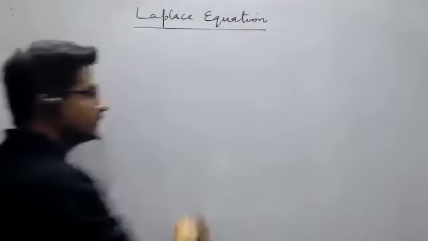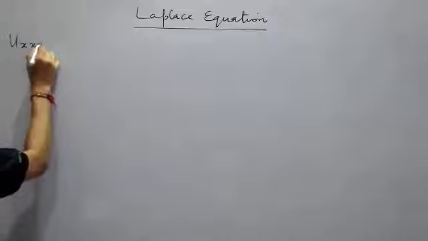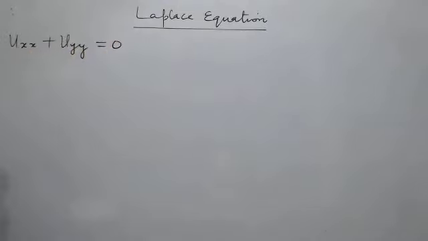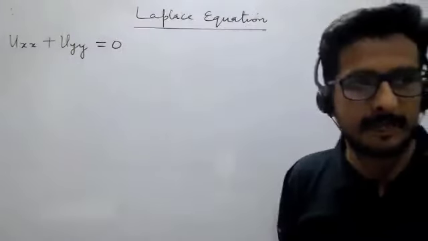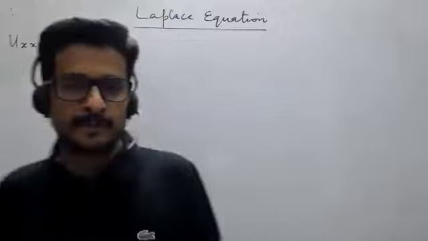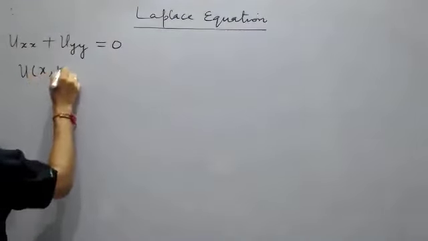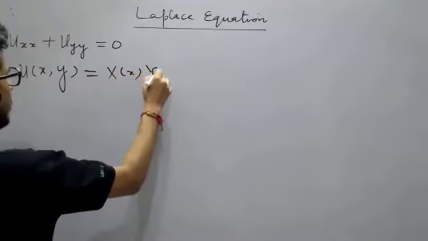The method will be exactly the same. So we will have u_xx plus u_yy is equal to 0. This is the Laplace equation, and u(x,y) will be given by capital X(x) into capital Y(y).